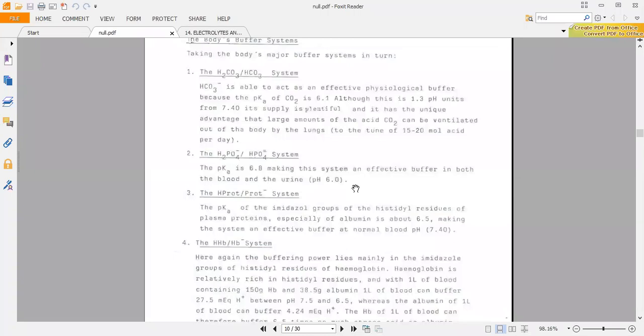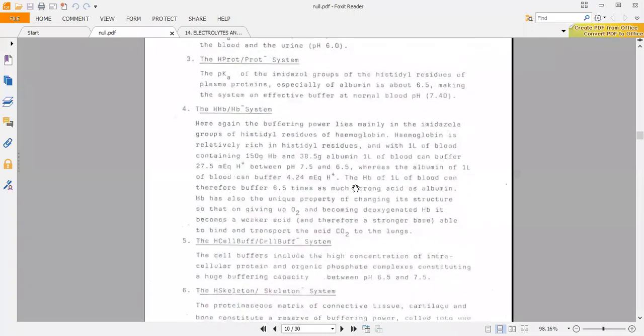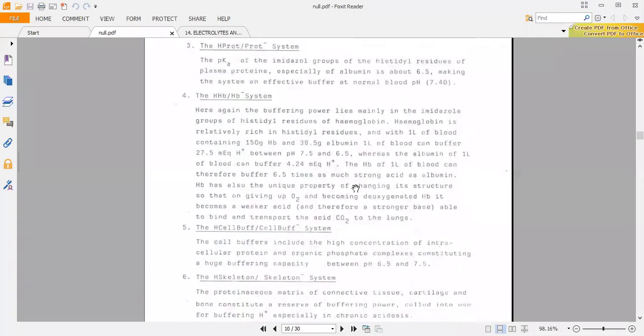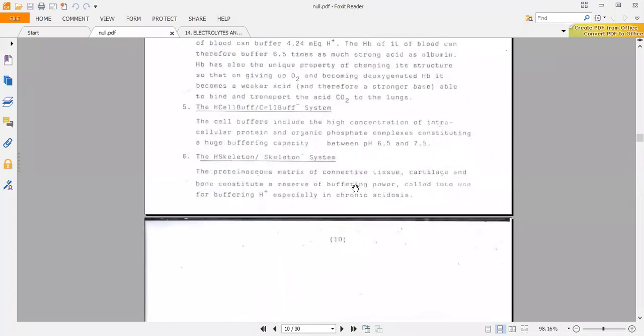But some of the proteins are inside the cell, and hemoglobin too is a very important buffer system. So hemoglobin can act as a buffer system, as well as the skeletal system itself can also act as a buffer system.